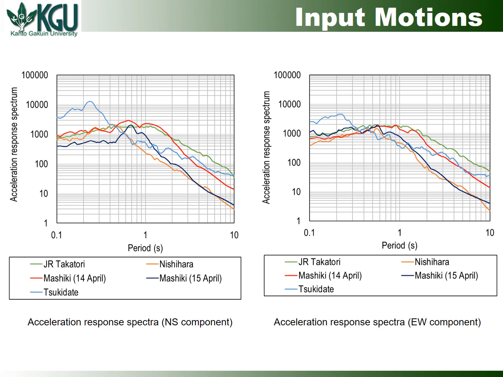It can be seen that the response spectra vary from each other, and the Tsukidate records show the peak value at a short period compared with the other records. And the Mashiki record shows a peak at 0.6 seconds, which is the same as the first natural period of the piers.